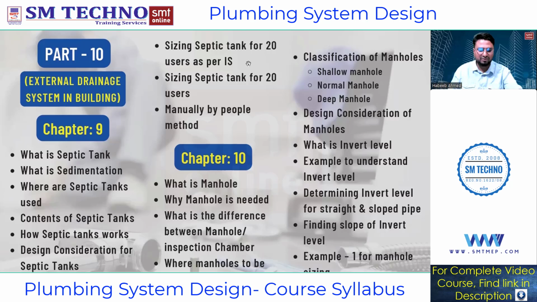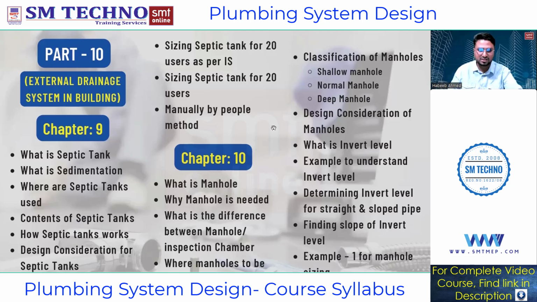This was previously direct because these values have already been given in the IS standards, but we will be dealing with how these values are developed. To see how they have given these values, we will be finding out by using the manual method. We'll be doing the calculation, because here they have given the value for 20 people. If someone asks you to do the calculation, you can learn it over here. So we'll be doing it and finding out whether this is right or wrong.